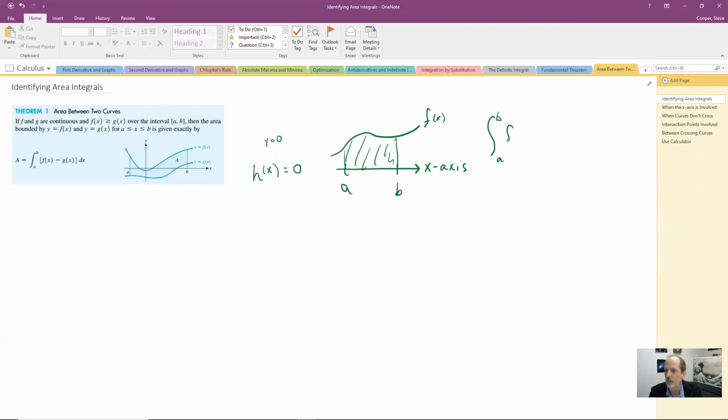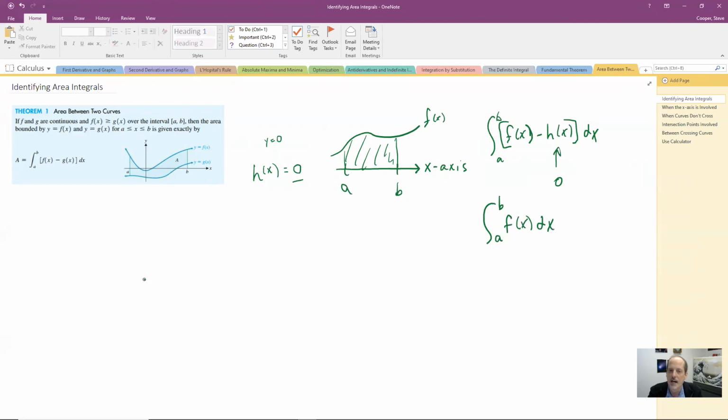Well, we were really doing the integral of f of x minus h of x dx, but h of x is 0. So that simplifies to the integral of f of x dx, because h of x equals 0. And f of x is whatever.